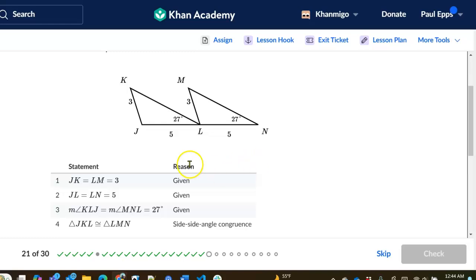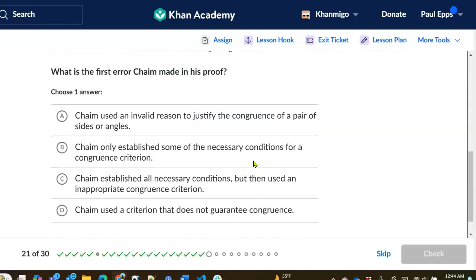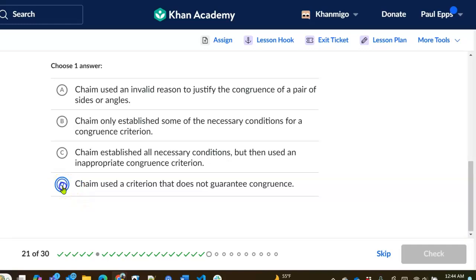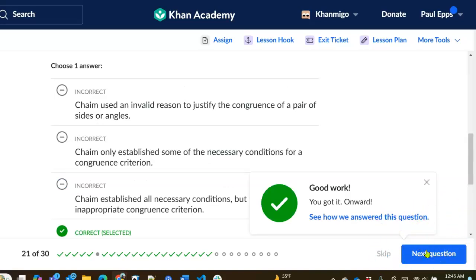You can do side-angle-side, but the angle has to be in between the sides. He only established some of the necessary conditions. Well, I mean, yeah, but really the most on-point answer is that this criterion does not guarantee congruence. So let's go with that.